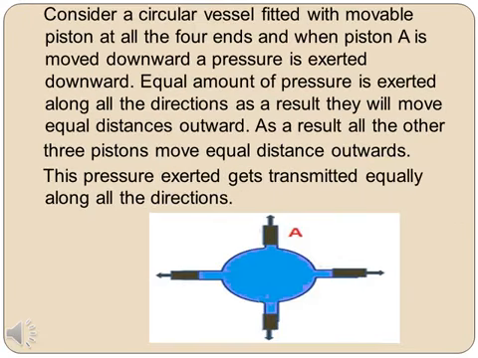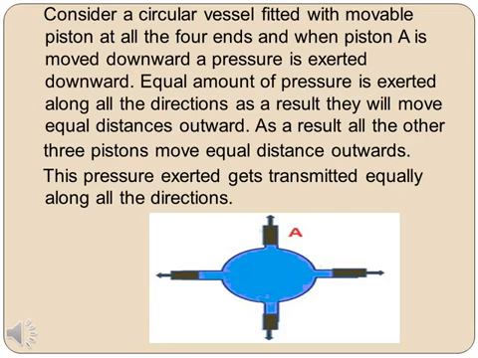Consider a circular vessel as shown in the given figure. It consists of 4 openings, and along these 4 openings 4 pistons are attached. When piston A is moved downwards, pressure is exerted on the liquid in the downward direction. By doing so, you can see that all other 3 pistons move equal distances outwards.